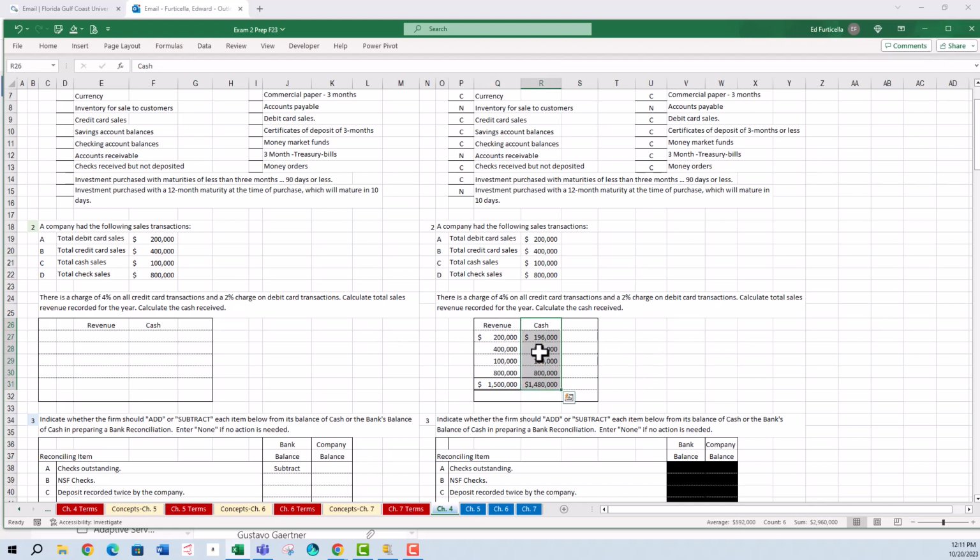The reason for the difference is that the debit card and the credit card companies or banks took their 4% and 2% of our sales. So these transactions never affect the revenue we report, but they will affect the cash we receive and the expense that we show on our income statement for service fees.